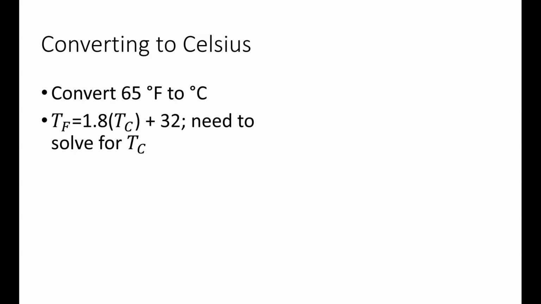I need to rearrange my equation to solve for temperature in Celsius. To do so, I'm going to subtract 32 from both sides. That will get rid of my 32 on this side. I need to get my temperature in Celsius by itself, so I'm going to divide both sides by 1.8.